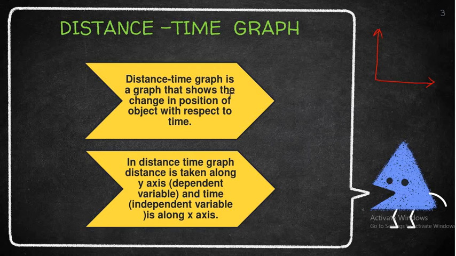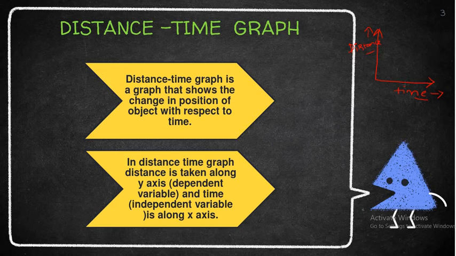Change in position is nothing but change in distance. I have to take distance along the y-axis and time along the x-axis. Whatever diagram we get after plotting the points related to distance and time, that kind of graph is called a distance time graph.